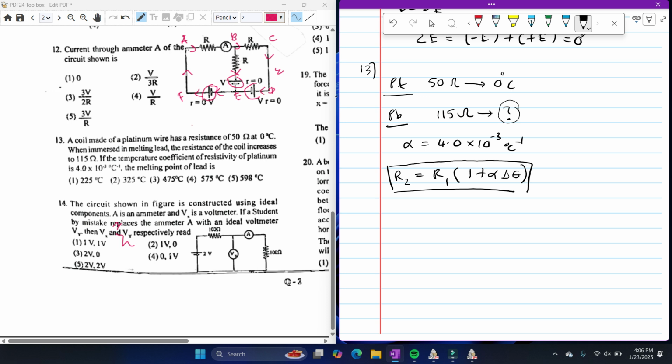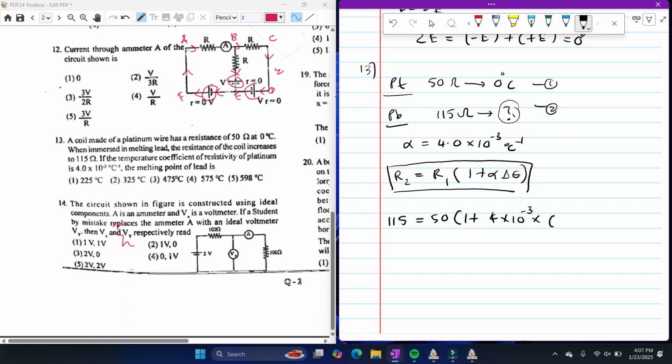The final R2 we get is 115 ohms. Initial resistance is 50 ohms. 1 plus alpha, the value given, 4 into 10 to the power minus 3, into delta theta.